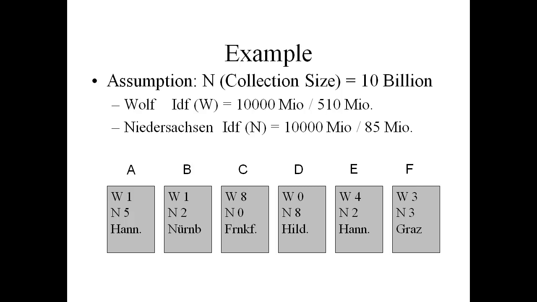We have the weight of Wolf in A and the weight of Niedersachsen in A. For Wolf we have 1 times 1, and for Niedersachsen we have 5.